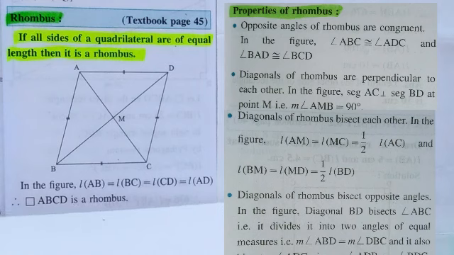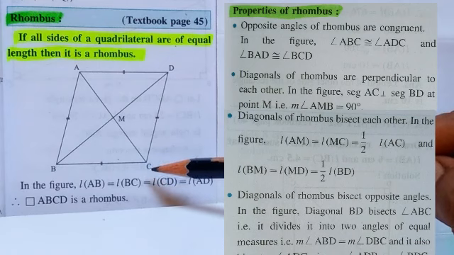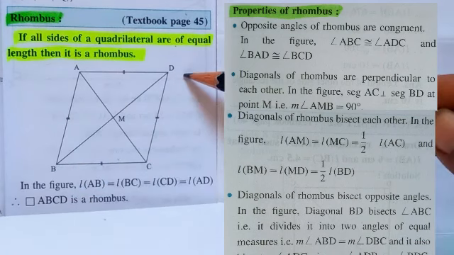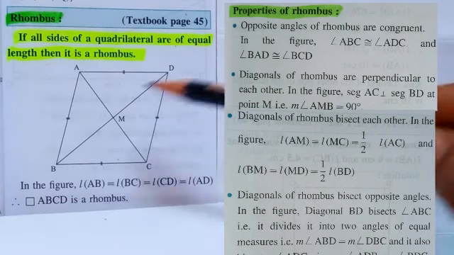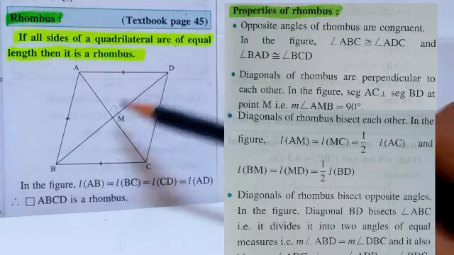The next property of the rhombus is that the diagonals of a rhombus are perpendicular to each other. It means that in this figure, segment AC is perpendicular to segment BD at the point M, which creates 90 degrees here.